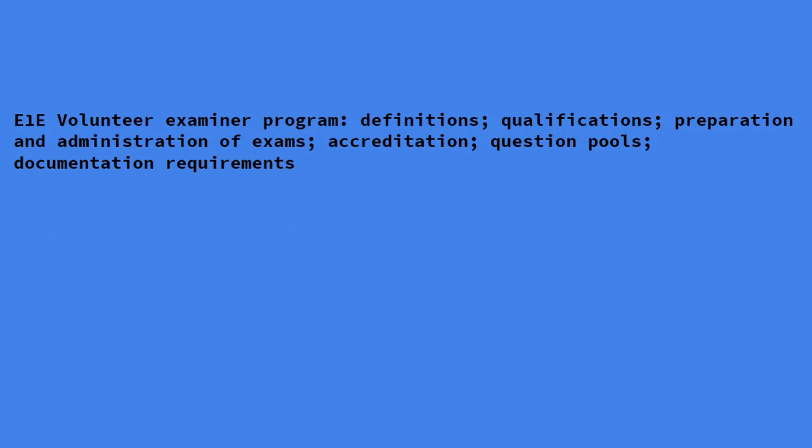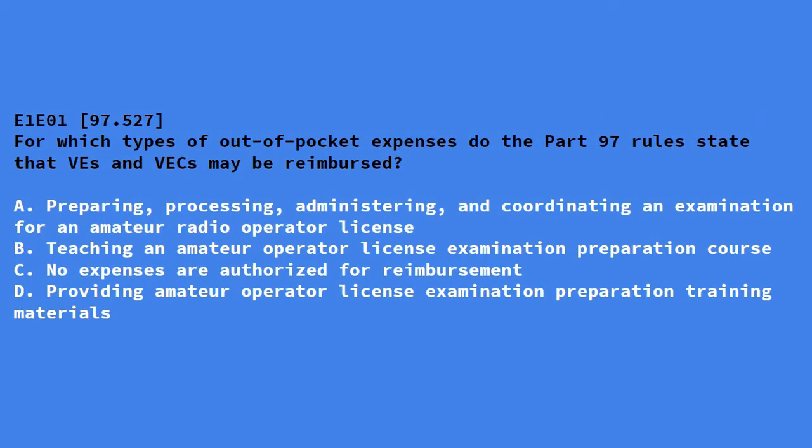E1E covers the Volunteer Examiner Program, definitions, qualifications, preparation and administration of exams, accreditation, question pools, and documentation requirements. E1E01, for which types of out-of-pocket expenses do the Part 97 rules state that VEs and VECs may be reimbursed?